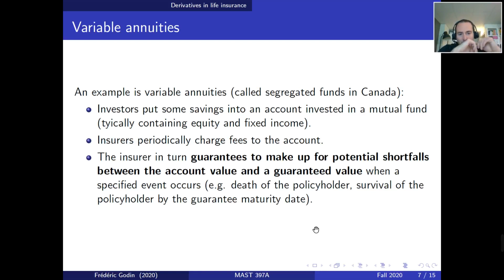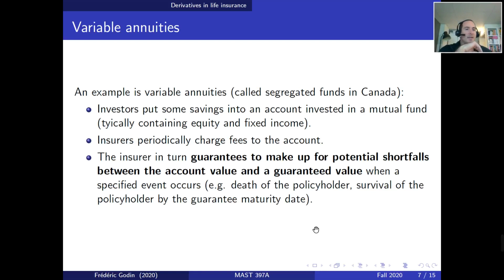So this can be at the maturity date of the contract, or these guarantees also exist in the form of a life insurance, where you look at the date of death of the policyholder, and if at the time he dies, his account value is below some guaranteed threshold, then the insurer makes up the difference to push up the account value to the minimum level, and then this account value goes as benefit to the beneficiaries of the policyholder.